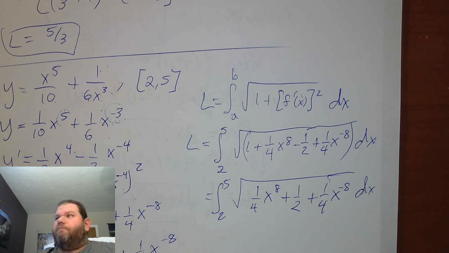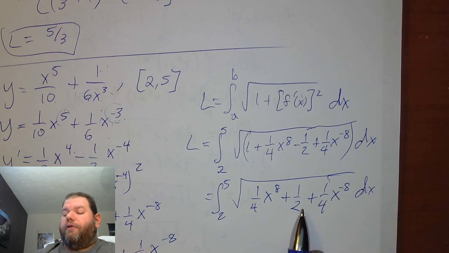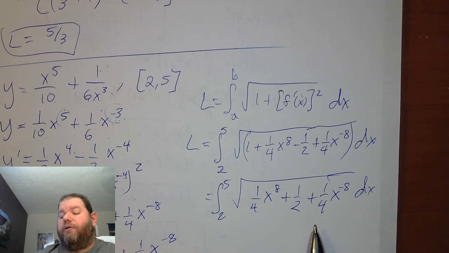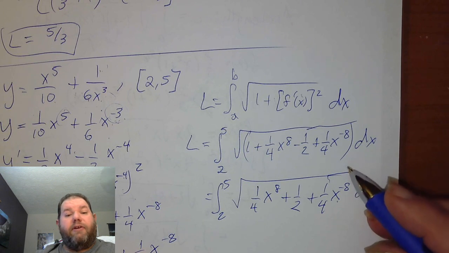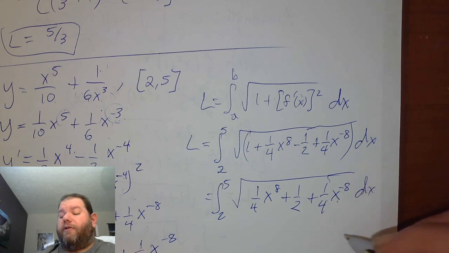Probably the path of least resistance would just be to get a common denominator in these three terms and work with it from there. So for the numbers, we have a 4, a 2, and a 4. So our common denominator is 4 between those three numbers. But remember, x to the negative 8 is actually 1 over x to the 8th.